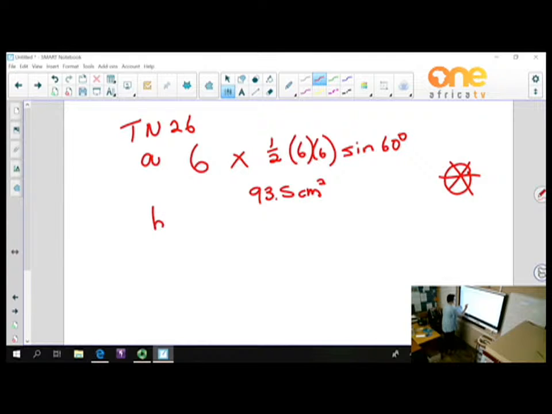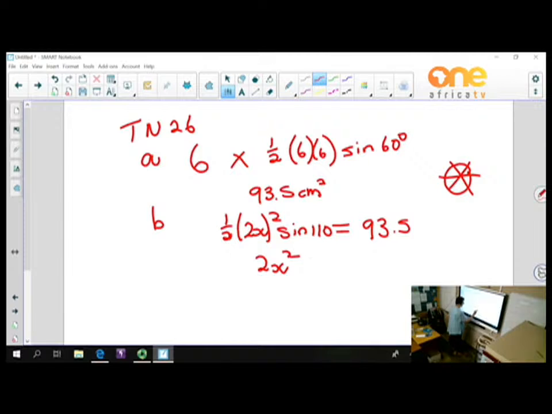At number B, the two areas are equal. So we're going to equate it to that one. It is then a half of 2x squared times sine 110. And then I got that x. So 2x squared is equal to 93.5 times 2 divided by sine 110. And then eventually you'll have to divide by 2 and root it.